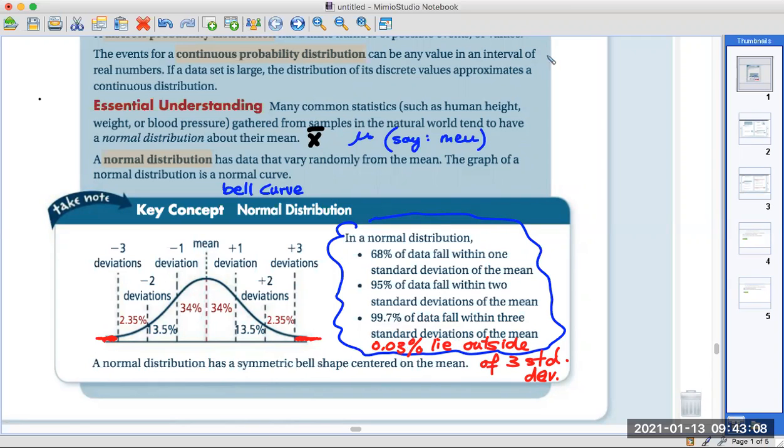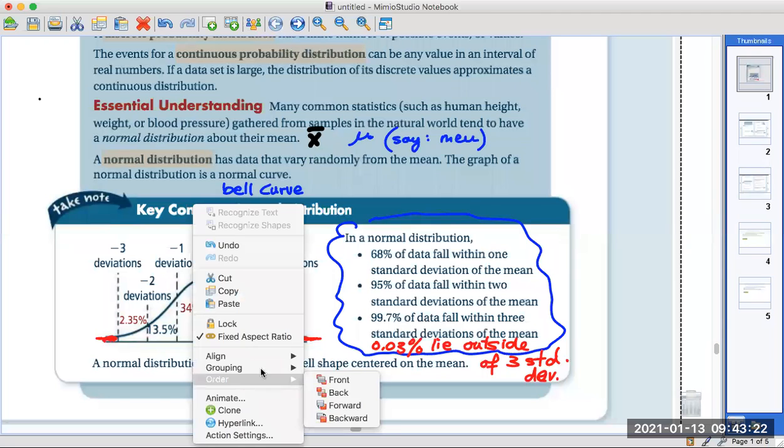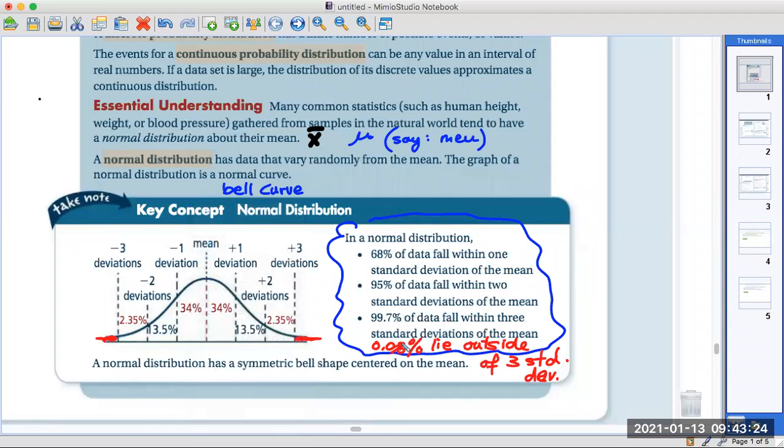Wait a minute, let me make sure I added that correctly. 99.7. So let me do this. 100 minus 99.7. Oh, I have a little bit too many numbers here. So I'm going to fix that right here. Make sure we fix it. It's not 0.03, it's only 0.3%.